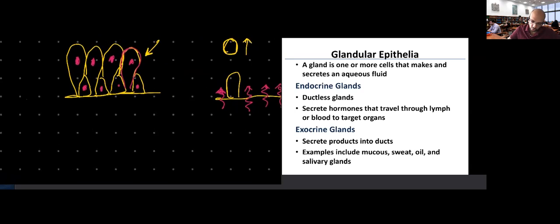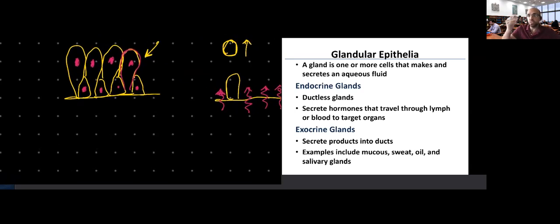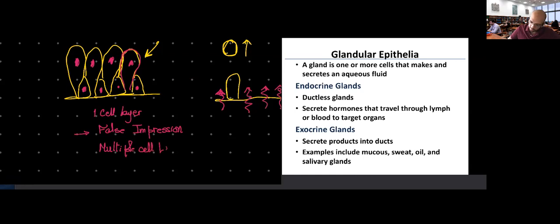So we looked closer and we figured out that all the cells are attached to the basement membrane. So if all the cells are attached to the basement membrane, this means I'm only formed of one cell layer. But one cell layer that gives me the impression, a false impression, because the cells are so crowded that I'm looking at multiple cell layers.